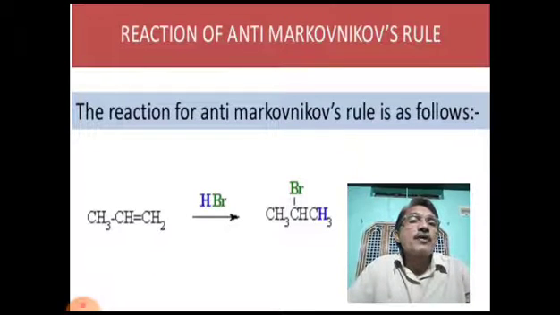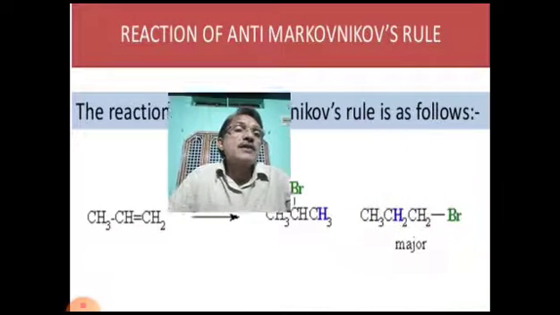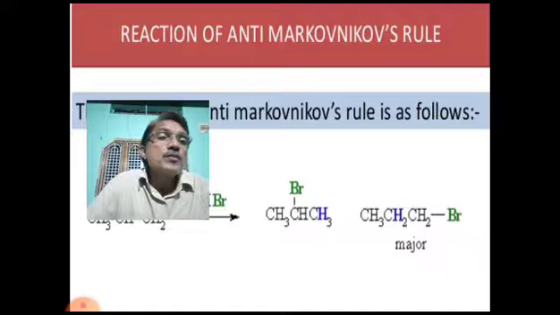The reaction for anti-Markovnikov's rule is as follows. When propene reacts with HBr, it gives rise to two probable compounds. One is 2-bromopropane and another is 1-bromopropane. 1-bromopropane is obtained in large quantity. So 1-bromopropane is the anti-Markovnikov product.